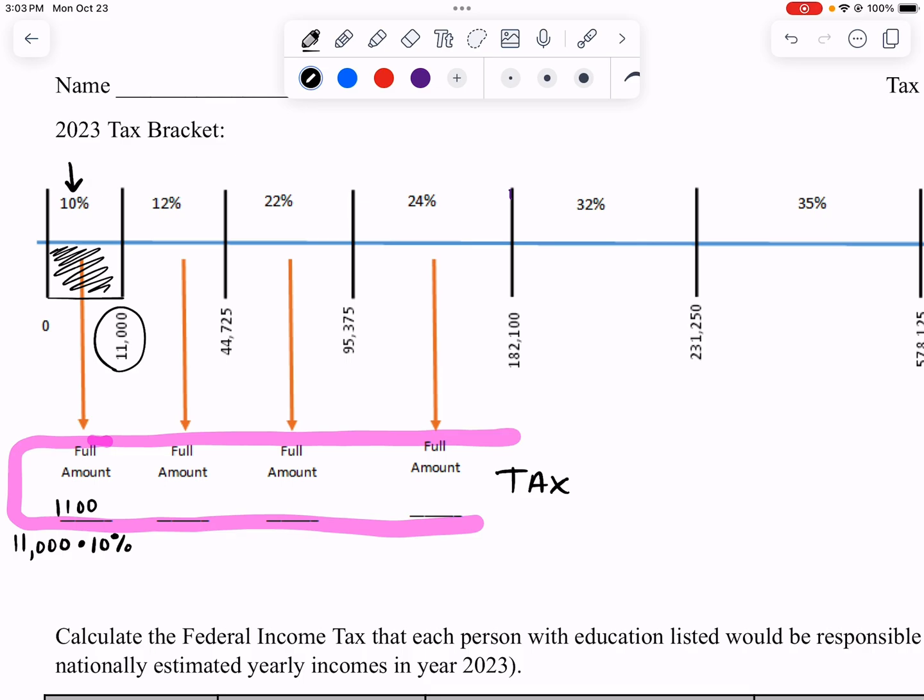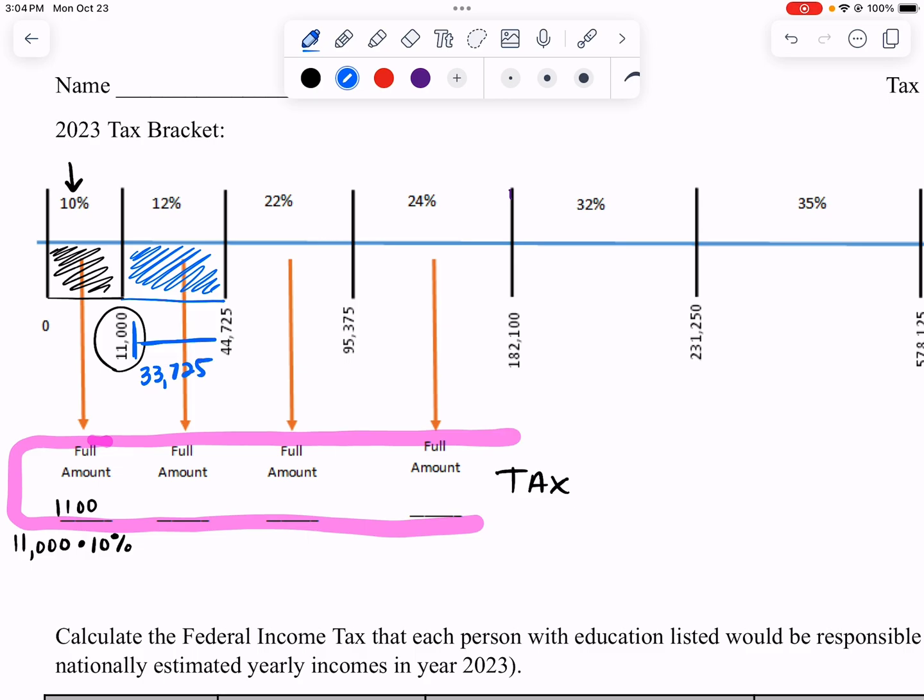The next bucket starts at $11,000 and then moves to $44,725. That's this bucket right here. Because it didn't start at zero, you would first have to figure out how much money is between these two dollar amounts. So we would naturally subtract. That dollar amount is $33,725.